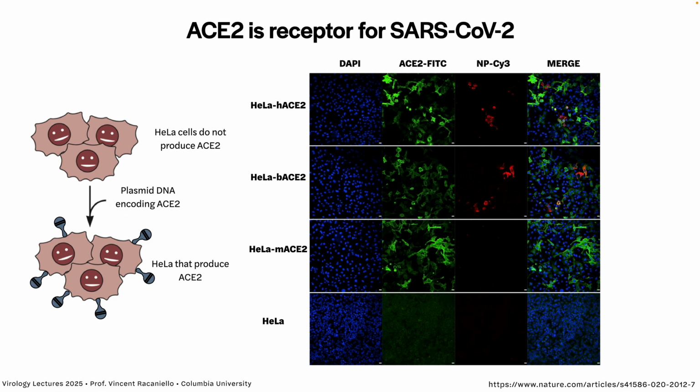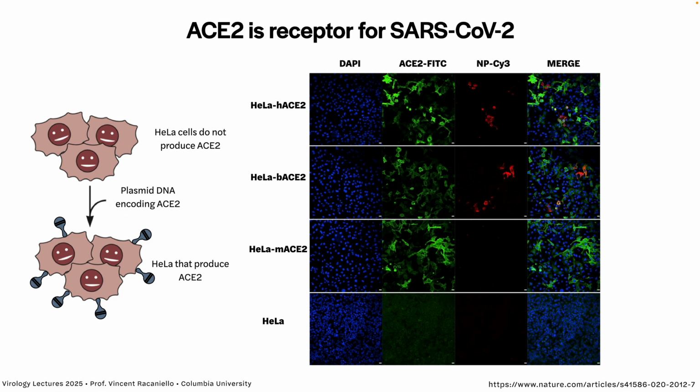We got bronchoalveolar lavage from them. We put them on cells. We showed the cells developed CPE. We showed the cells made proteins that are reactive with antibodies against coronaviruses. So it looked like it was a coronavirus. And many coronaviruses bind ACE2, angiotensin converting enzyme 2.